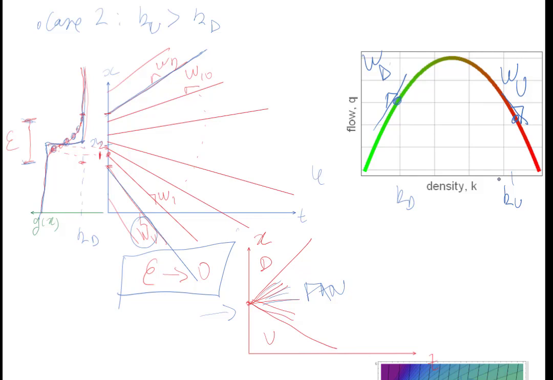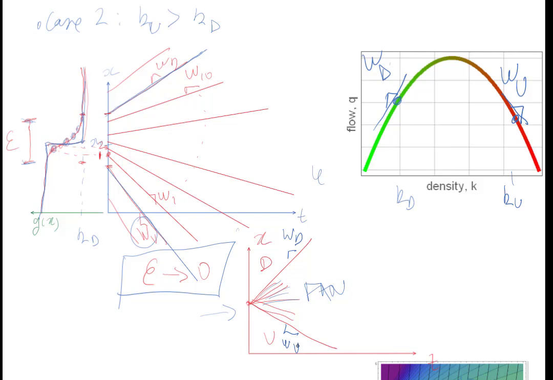Then we make epsilon tend to 0 so that we recover the discontinuity there. The final solution can be expressed as this time-space diagram, simply with WD right here and WU.